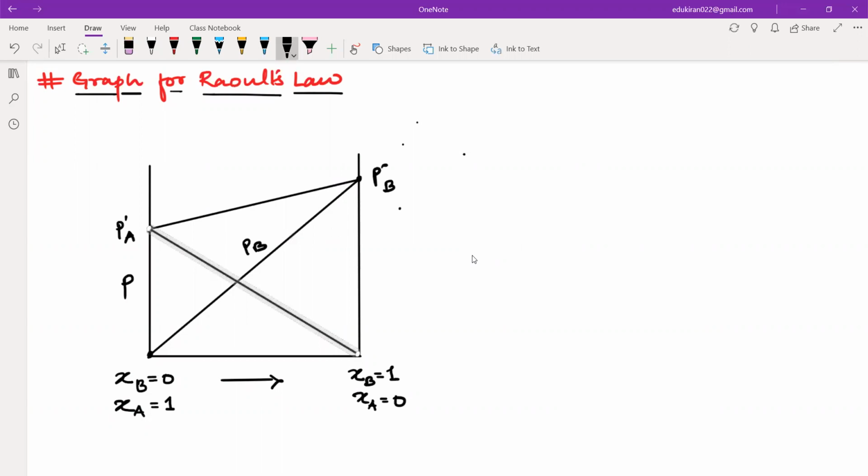Okay. Generally, these plots are shown by dotted lines. So keeping that convention. Okay.